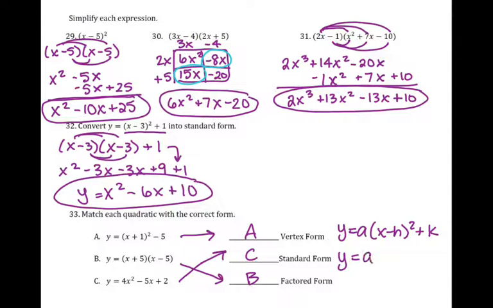Standard form is ax squared plus bx plus c. And factored form is going to be x minus a number with x minus another number. Or it could be plus, depending on whatever that number is. But there are your three forms of the quadratic, and you're just matching to see which one looks like vertex, standard, or factored form.